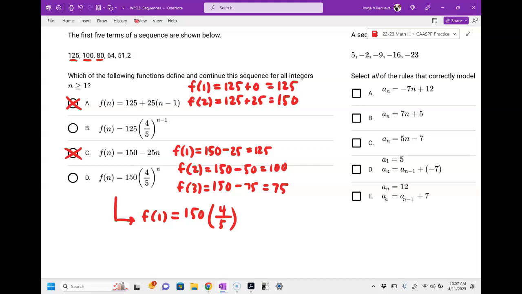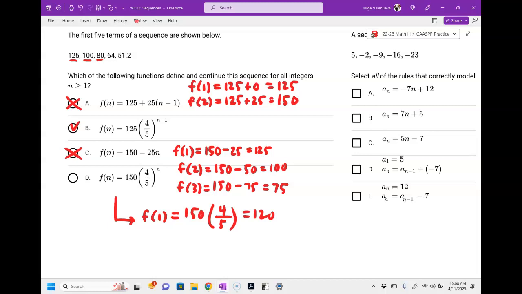So I'm gonna need my calculator here. Let's just do the 4/5. So 150 times 4/5, that's 120. Is that the right number? No. So thank goodness, because that means B has to be my answer. I didn't have to spend any more time on that.